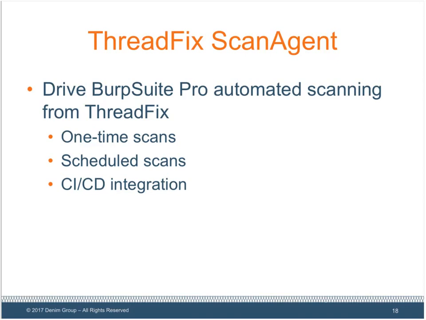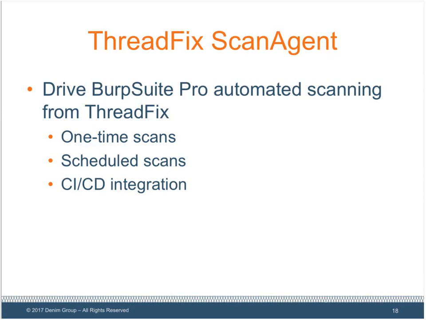The next step that we see in organizations is they start to distribute a lot of the security testing activities. Typically these activities get pushed out to dev teams so that those dev teams can start to incorporate security testing into their CI/CD pipelines.